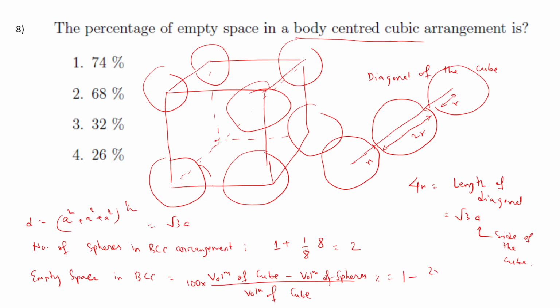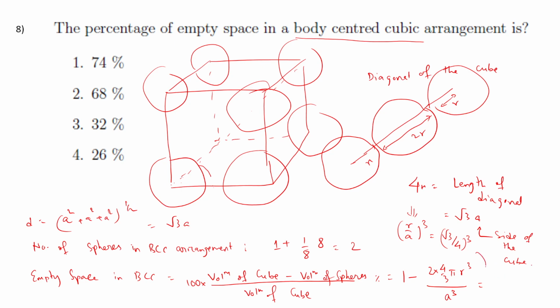The volume of the spheres will be 2 times 4/3 pi r^3, and the volume of the cube is a^3. So what you have to do is find (r/a)^3. From this expression you will get (root 3 by 4) whole cube.